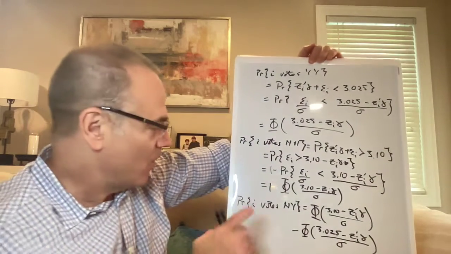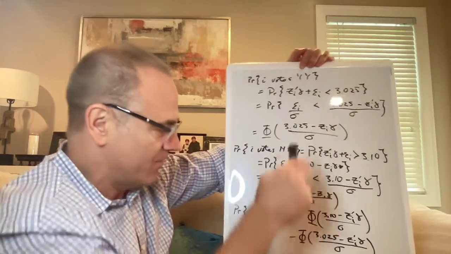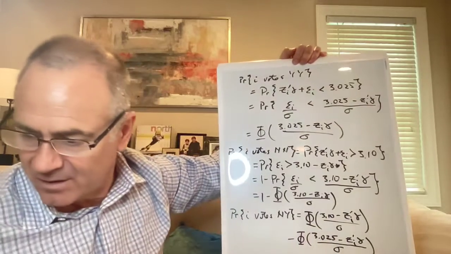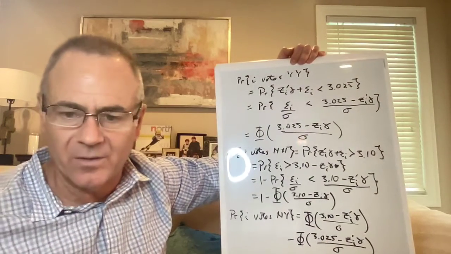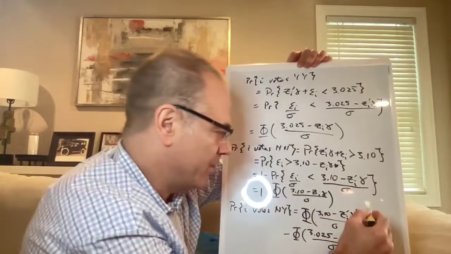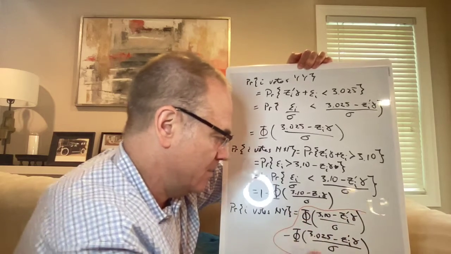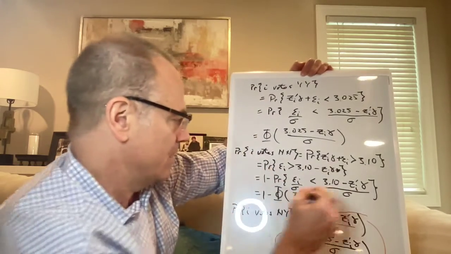All we have to do now is, we've got the three terms. I'll circle them in orange. So we've got three terms, this one and this one.